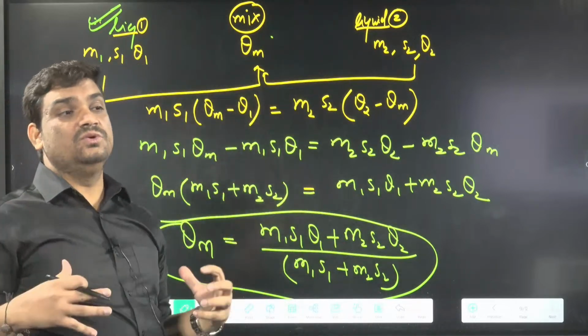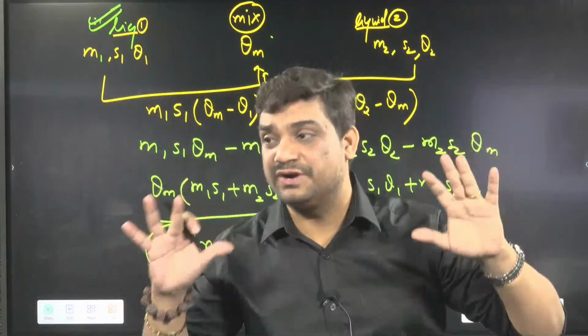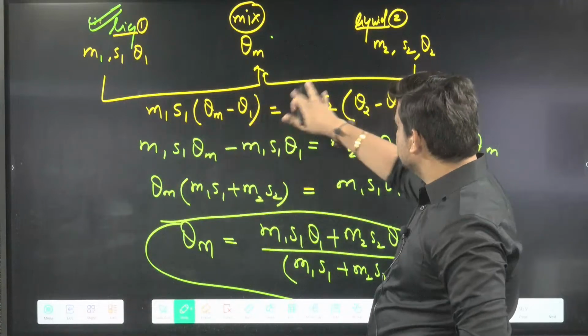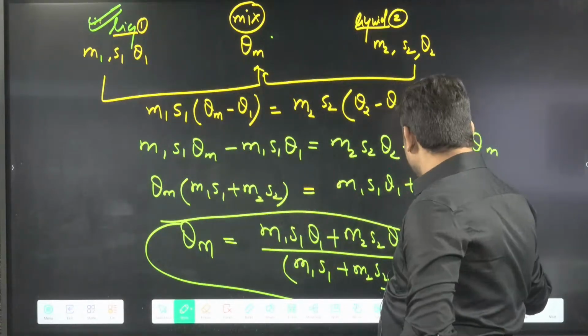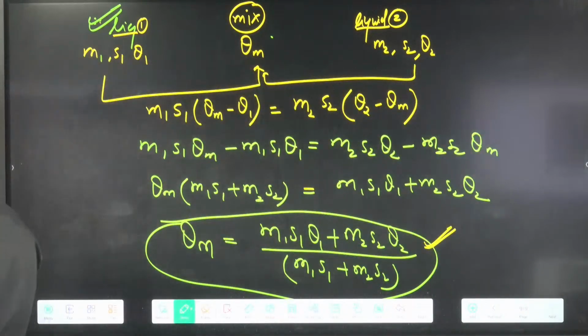For ice water, water steam, and ice steam, I will tell different methods. This one we use only for liquid, with energy release and energy absorb, and this is the formula. And I am not going to use this formula anywhere else, I will never be using this one.